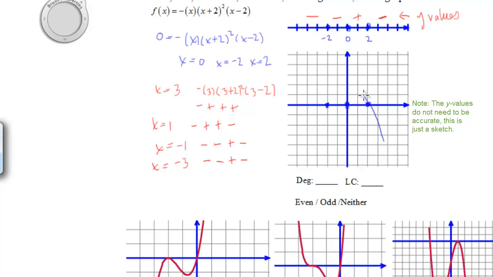The graph becomes positive, and then it comes down towards 0, and at 0 it's positive on the right and negative on the left. And then as you're going to come up to -2, be prepared that you're going to come up and touch at -2 and then come back down again. So it's going to do something about like this.